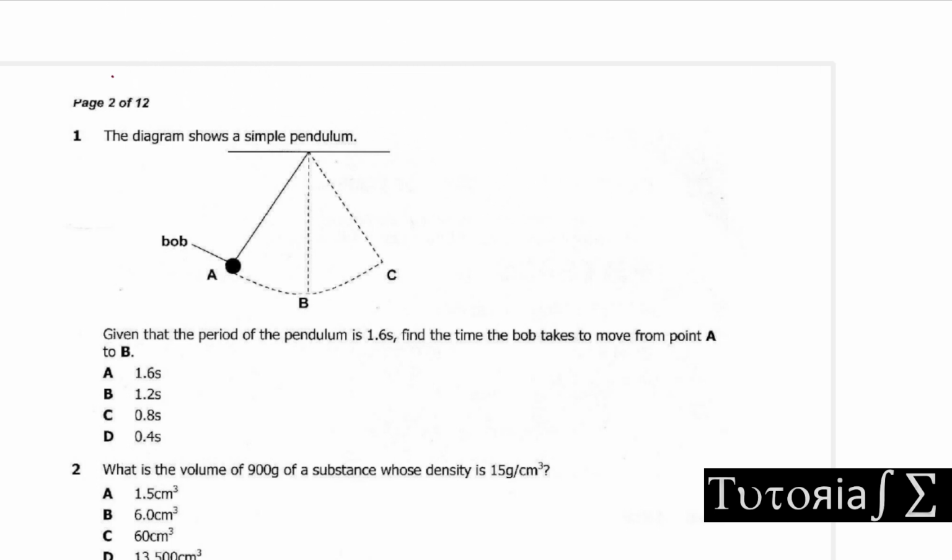Now for this question, we are looking at the movement of the pendulum. The pendulum moves between 4 critical points. These are called 0 points because it is momentarily stationary at those points. At this point where it is starting, it has zero acceleration, or zero energy, or zero velocity.